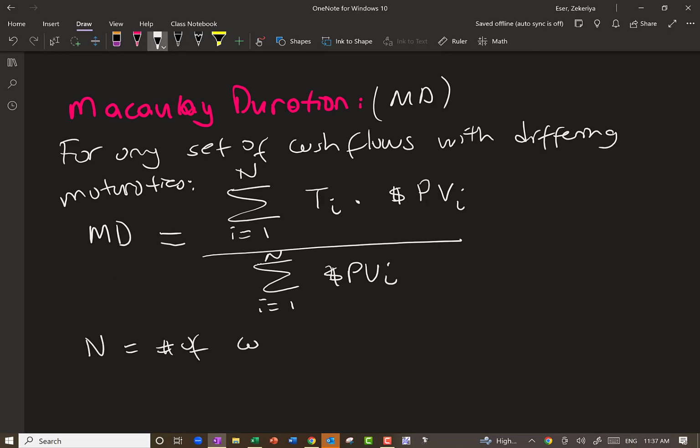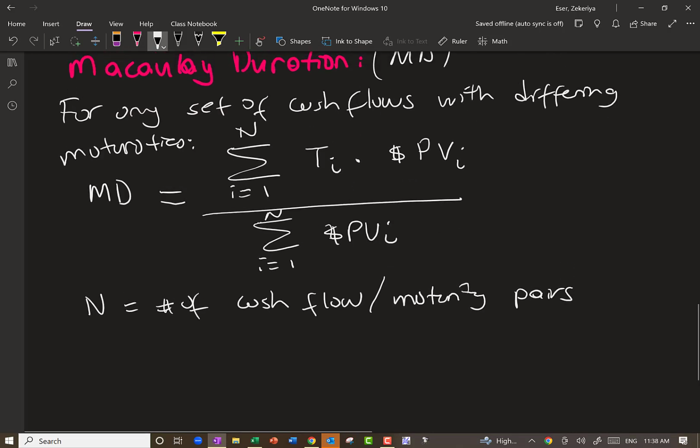So if you're talking about a 30-year bond with semi-annual coupons, N would be 60 because there are 60 coupons, and on the last payment there is also the maturity payment, face value payment.